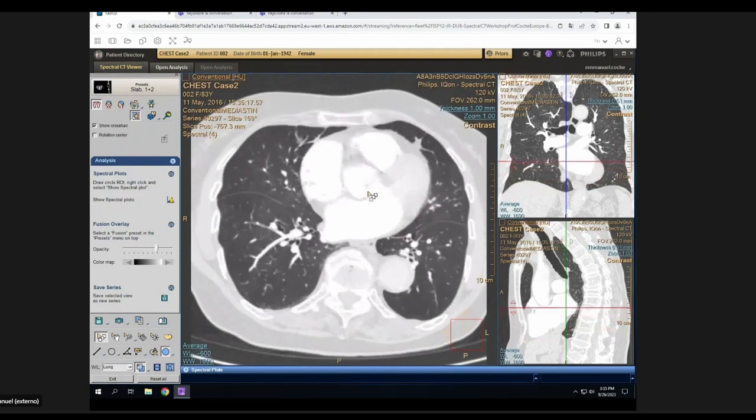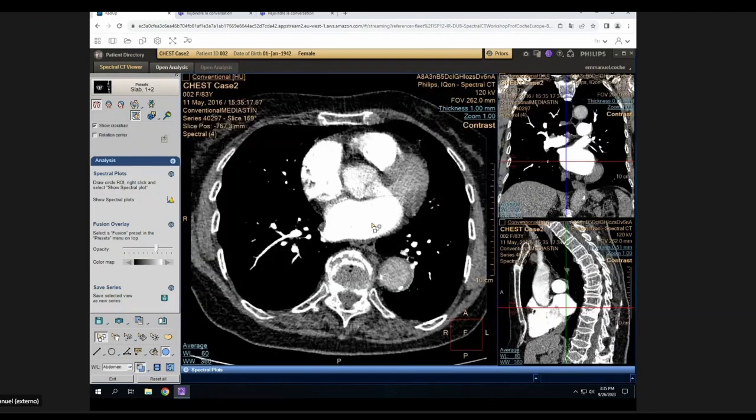You can go back to the mediastinal window setting, right 7, and you may increase your sensitivity by playing with the MIP mode. You go to MIP, you see the selection average, you go to MIP. I suggest to increase your slice thickness.